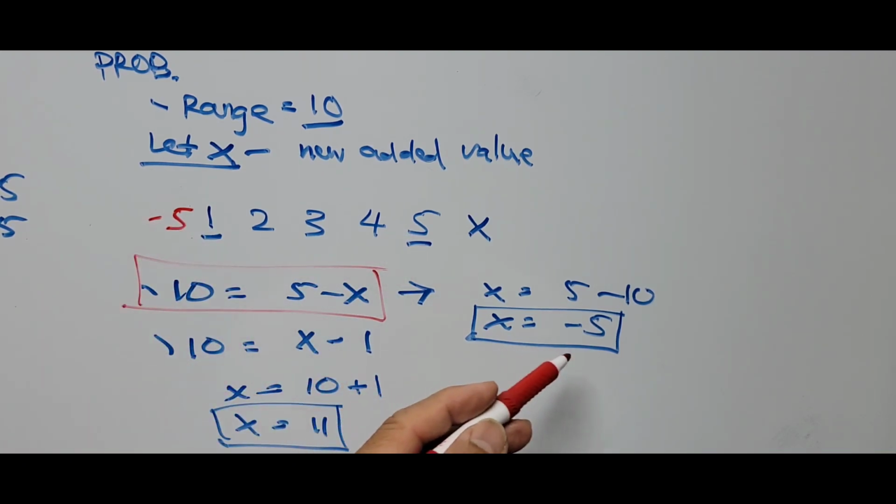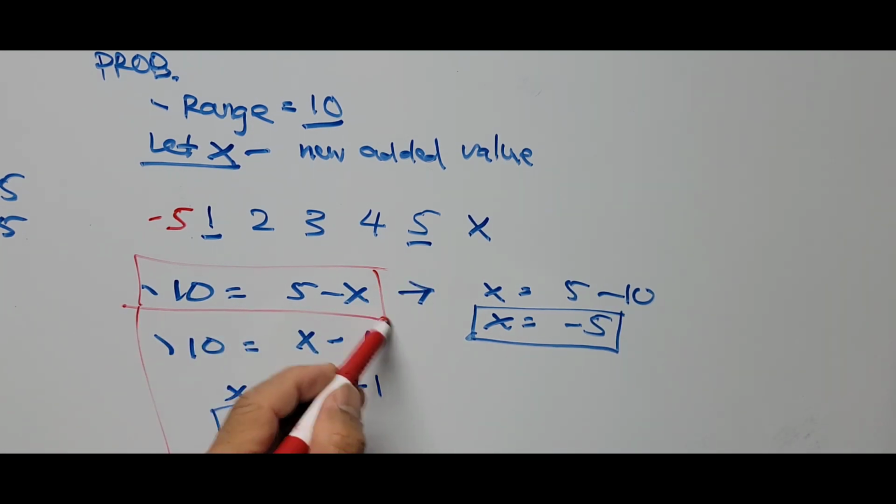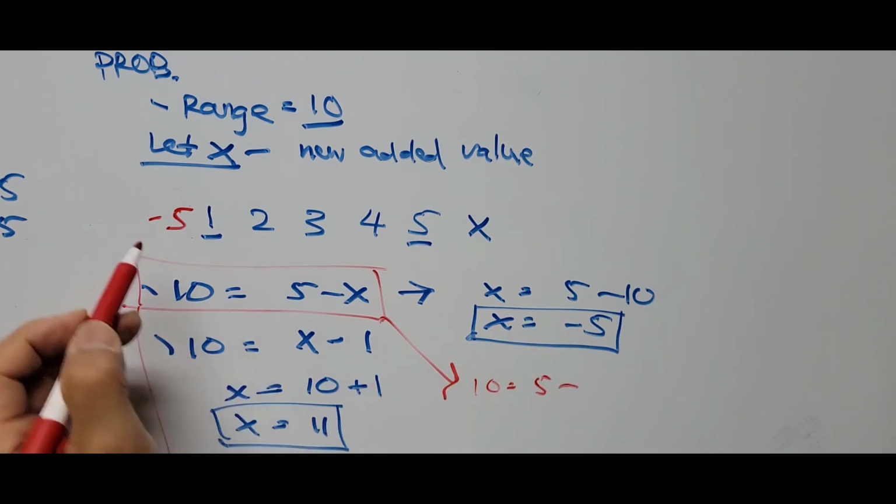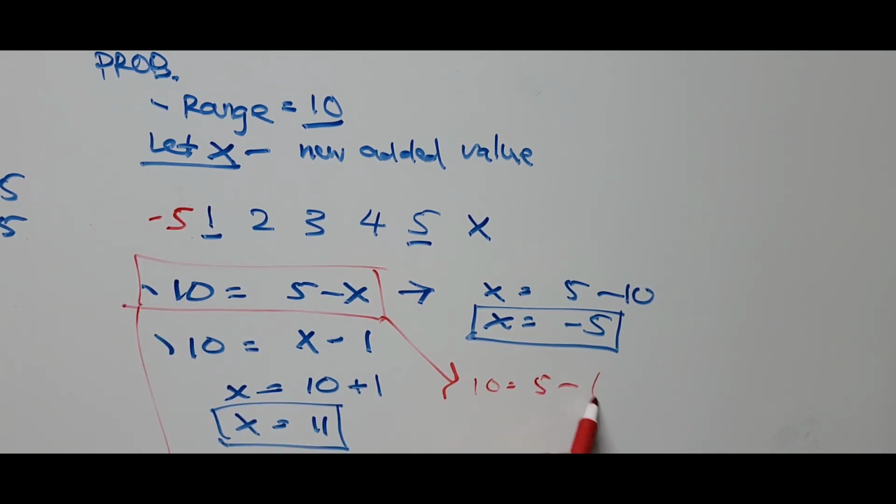Multiplying like signs turns it positive, so that is now 10 equals 5 plus 5, which is 10. So 10 is 10. That's how to verify.